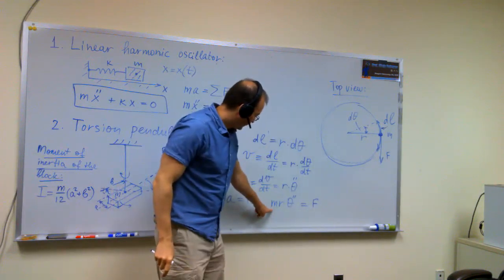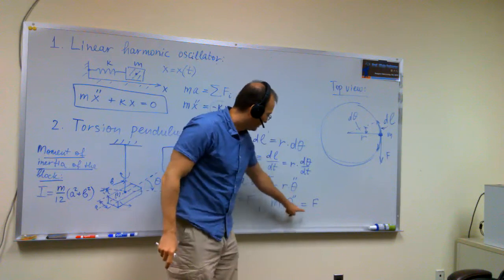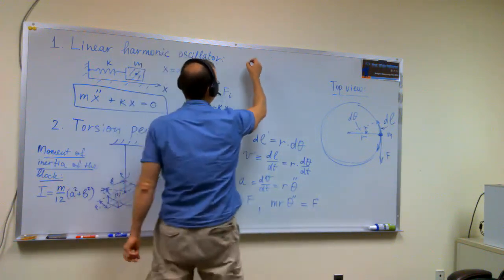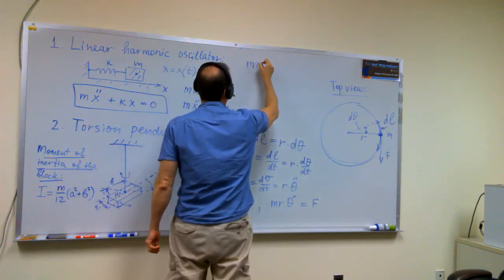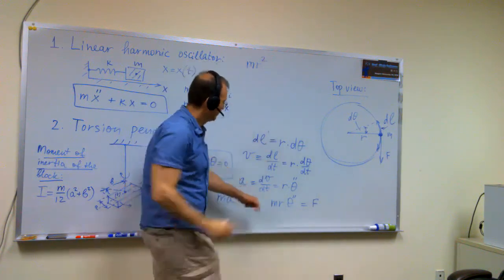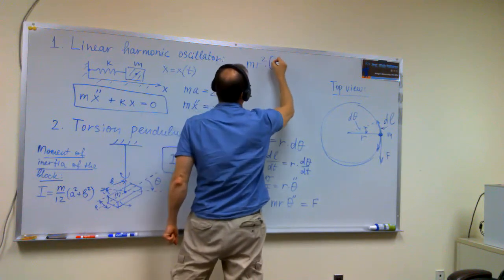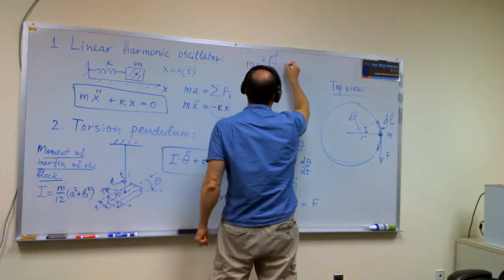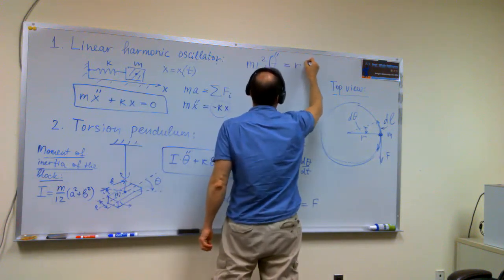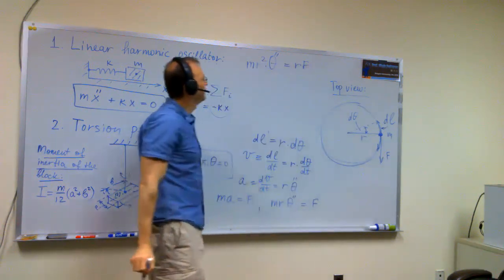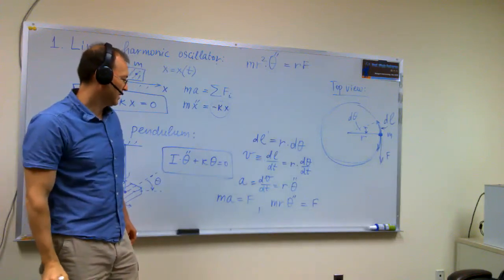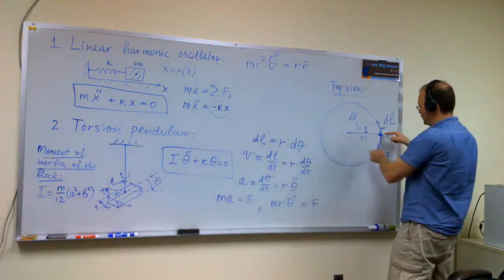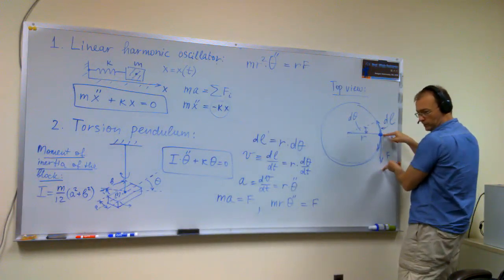Then let's multiply this equation by R on the left-hand side and right-hand side. What you're getting then is mR squared times theta double prime equals RF. Okay, RF. But what is RF? R is always perpendicular to the force.